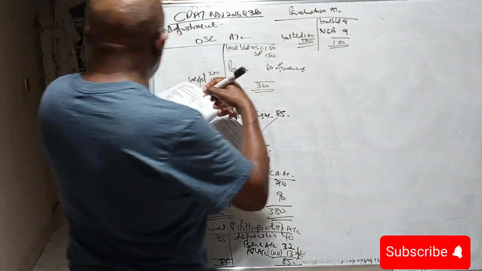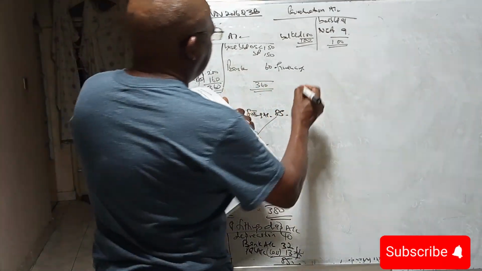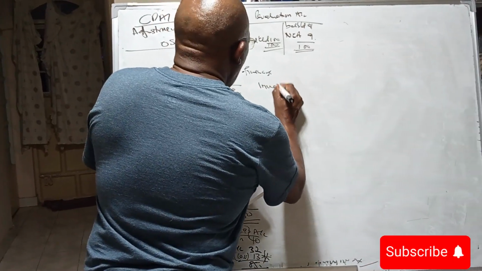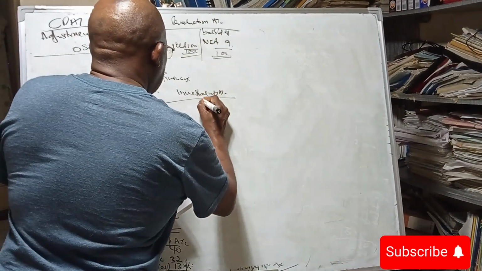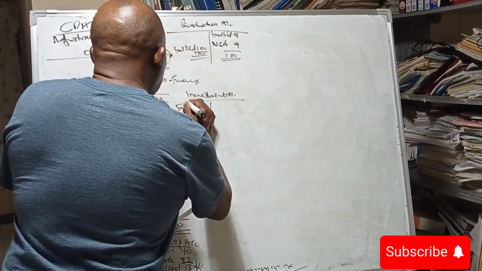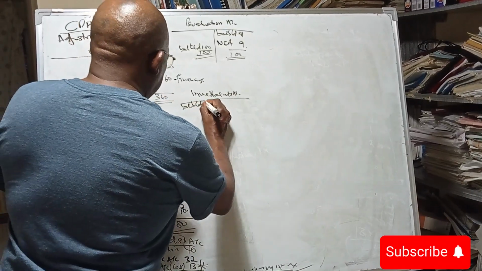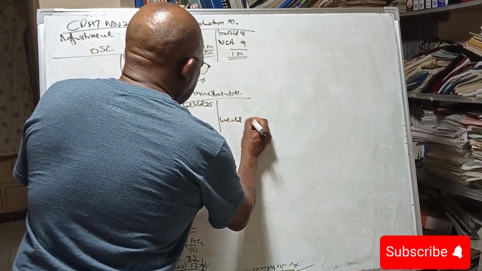So if it is long-term investment, you go to the non-current assets and you find the long-term investments. So at the non-current assets, we have an account called investments. The balance brought down at the beginning of the period for long-term investment is 25, and the balance carried down is 0.